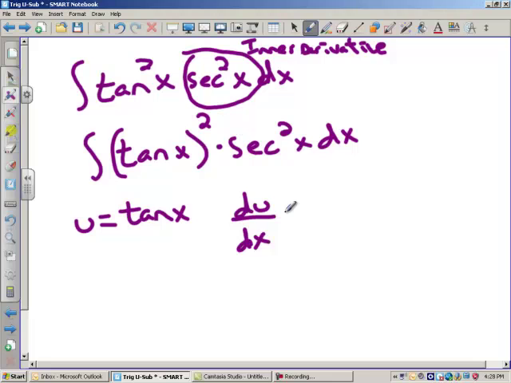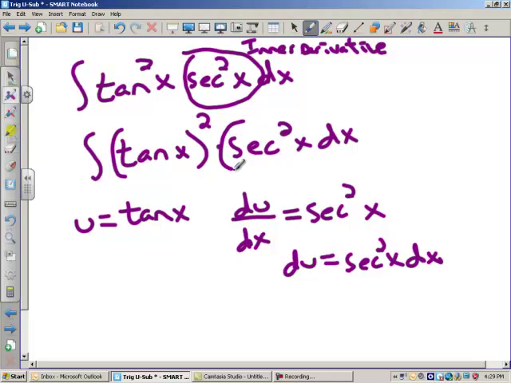The derivative of tangent is secant squared. Well, we're erasing that. We're going to redo that one. There, that's better. Now we cross multiply and we get that du is equal to secant squared x dx.